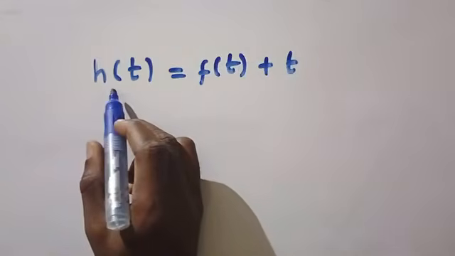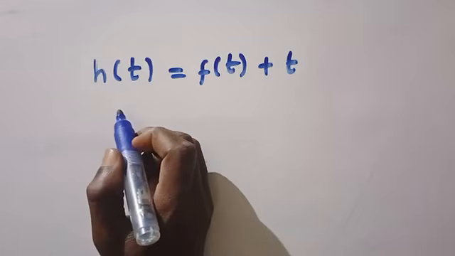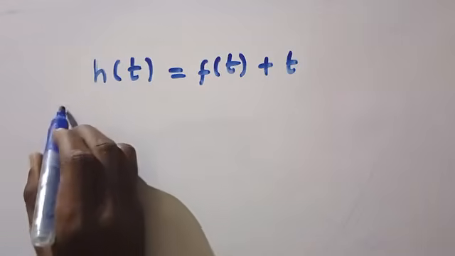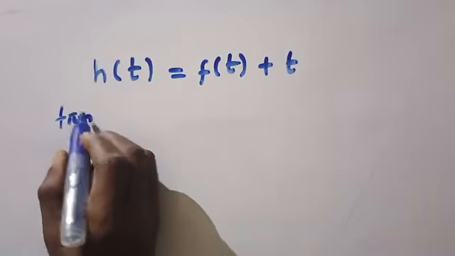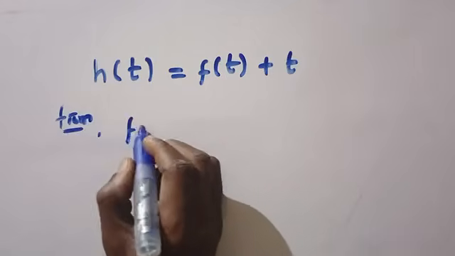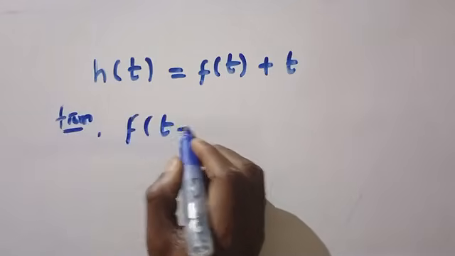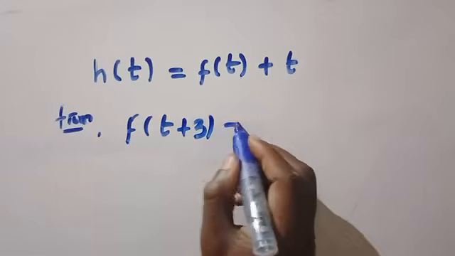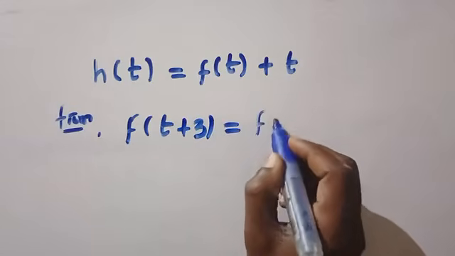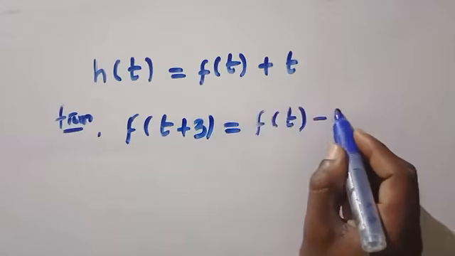If h is the periodic function, recall from the equation we derived, f of t plus 3 gives us f of t minus 3.